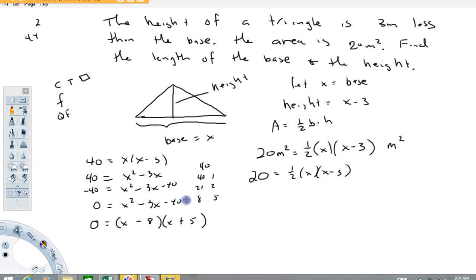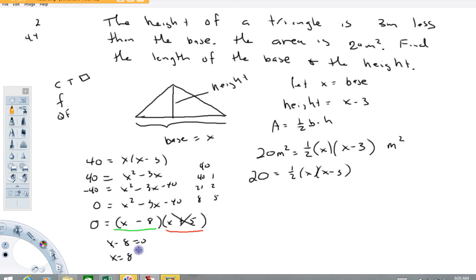Now we have the product of two numbers equals 0. Either this one is equal to 0 or this one is equal to 0. If this one were equal to 0, x would have to equal negative 5. However, x is a distance here, and distances are not negative. So I'm going to throw that one out. If the other factor equals 0, then x is equal to 8.